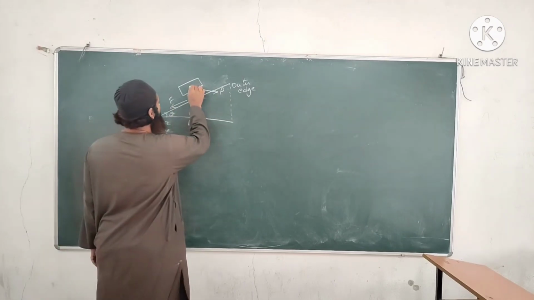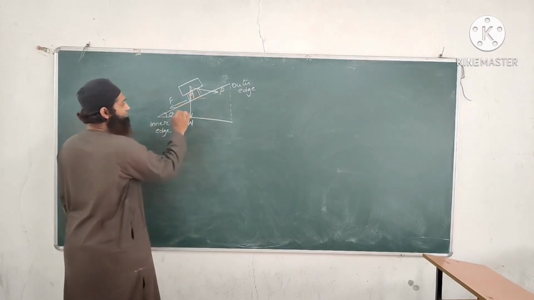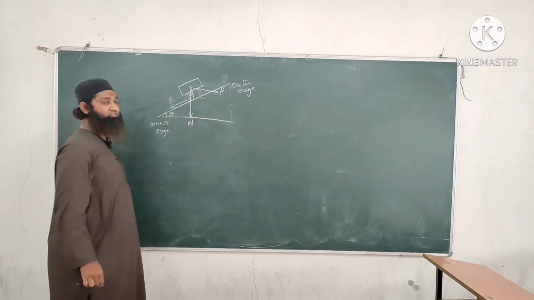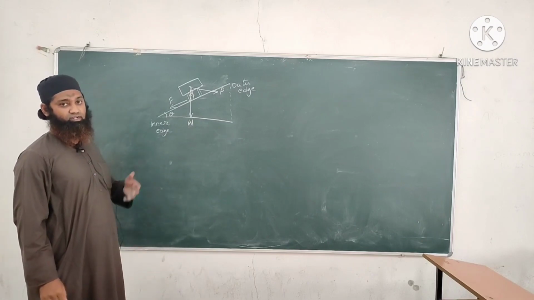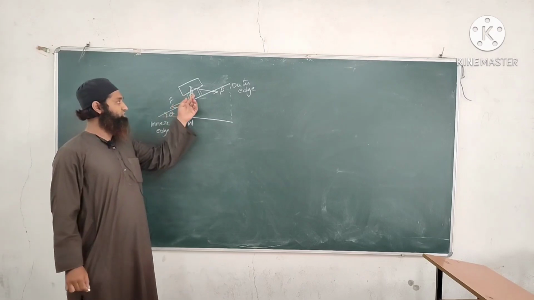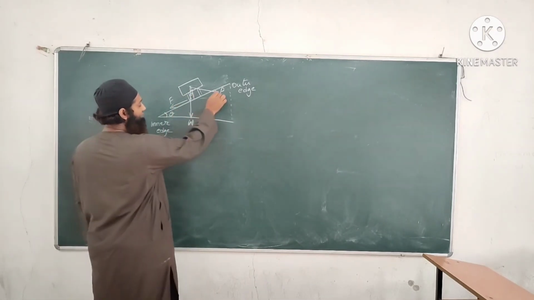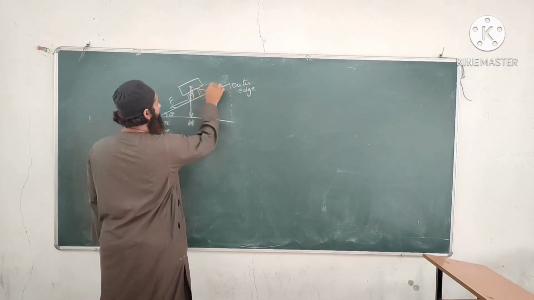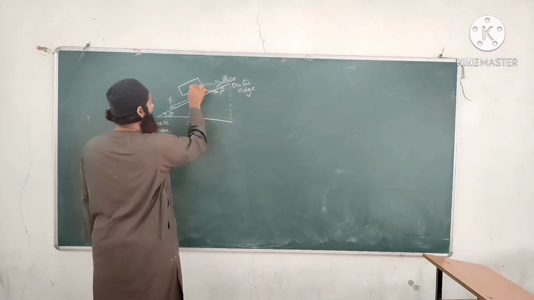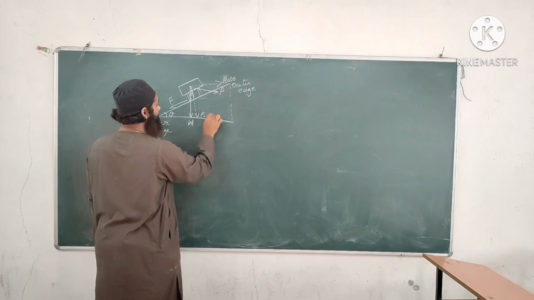P, you can see here, is the force where theta is the angle formed. If it is with the x axis, how will it get resolved into forces? Let us see here. I am just resolving this force P. As you know, this will be P cos theta, and the force which acts downward will be P sin theta.